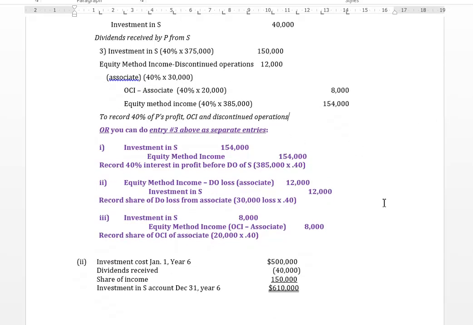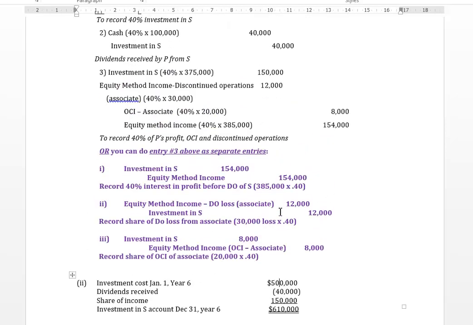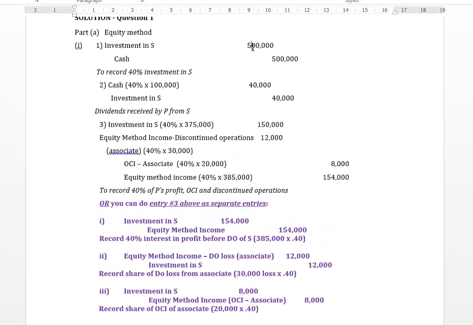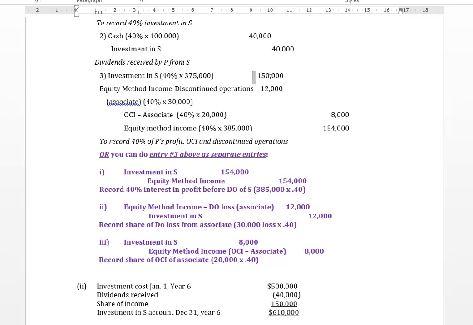All right. Now, I also asked you under the equity method to calculate the value of the investment in S account that would show up on P's separate entity equity-based statements. So here we have the investment at cost, which was the original cost of 500,000. You reduced it by 40,000, right? And you also, if you look here, increased it by 150,000 to get 610,000.